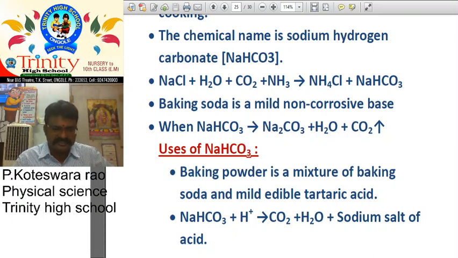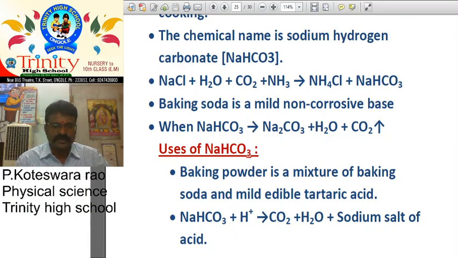Here H plus means the tartaric acid. Baking powder is a mixture of baking soda and tartaric acid. It can give rise to CO2, since CO3 is there. Very good. Plus H2O plus the sodium salt of the acid, the sodium salt of tartaric acid.